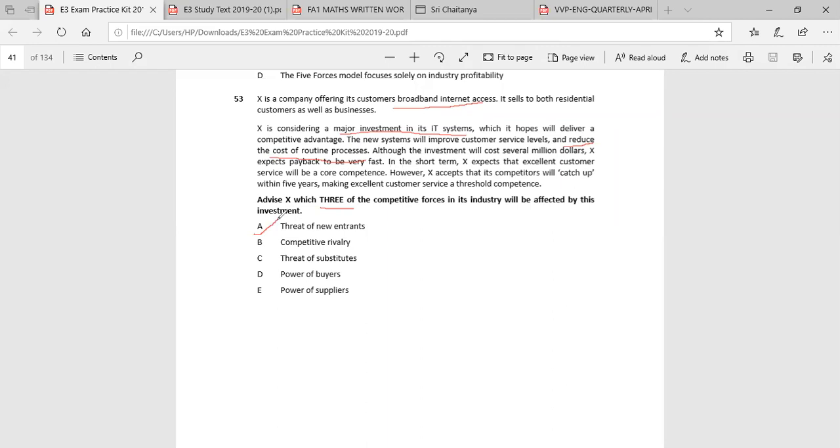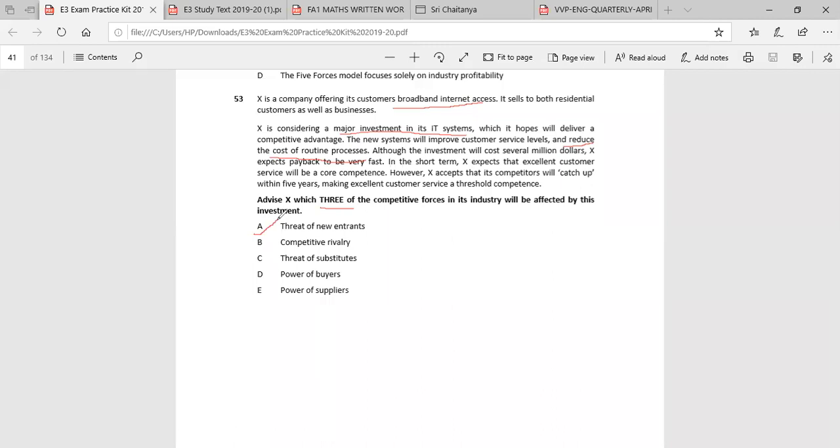Then although the investment will cost several million dollars, X expects payback to be very fast. In the short term, X expects that excellent customer service will be a core competence. However, X expects its competitors will catch up within 5 years, making excellent customer service a threshold competence. Because of this new investment proposal, and since they have put in effort to reduce the cost of routine processes, that can affect the new entrants.